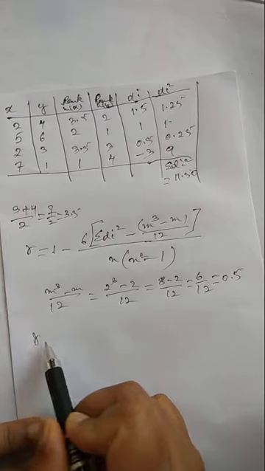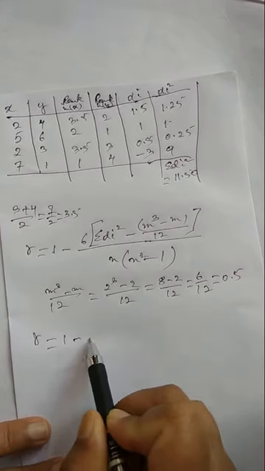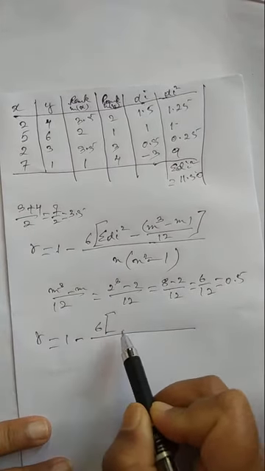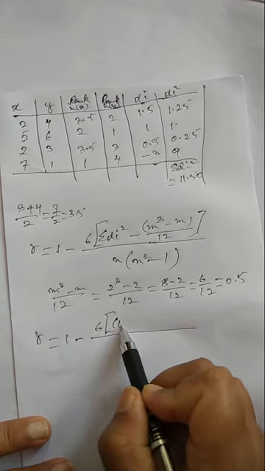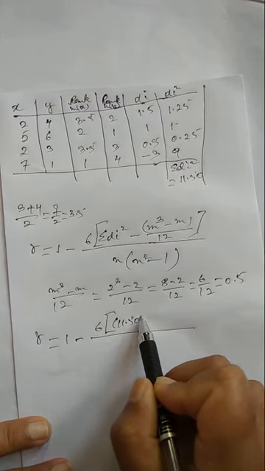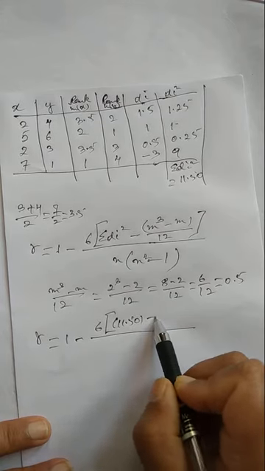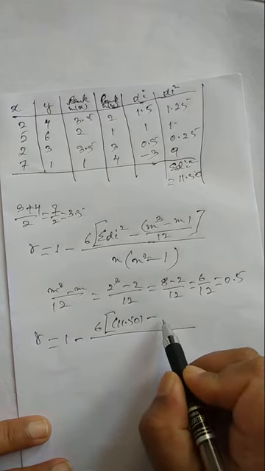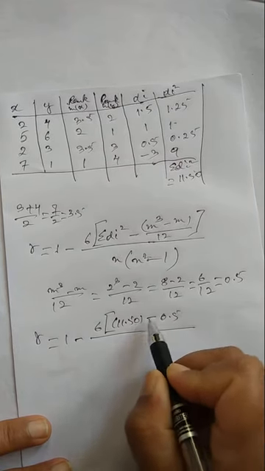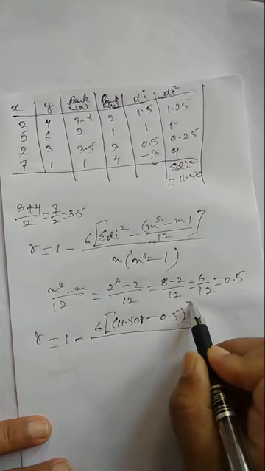Now we apply it in the formula: 1 minus 6 times summation di square, which is 12.50, plus 0.5.